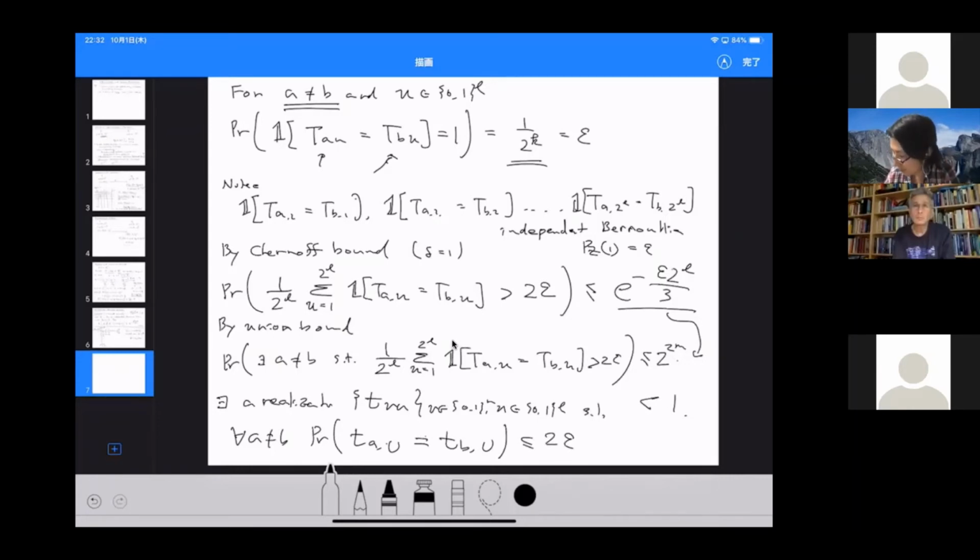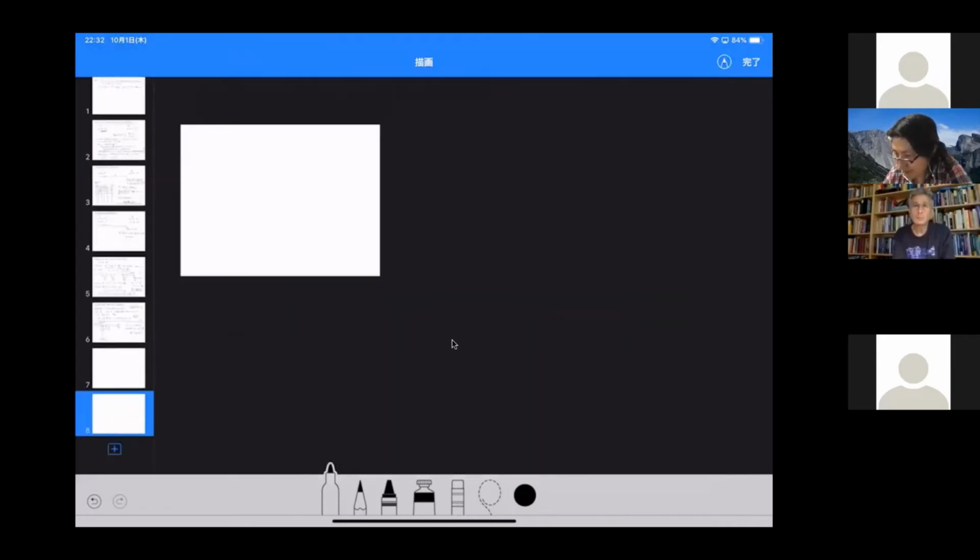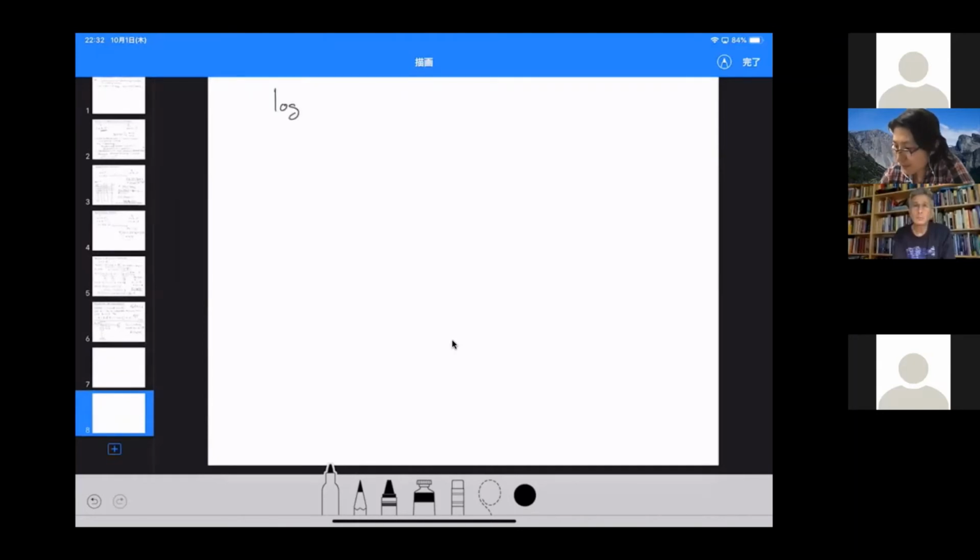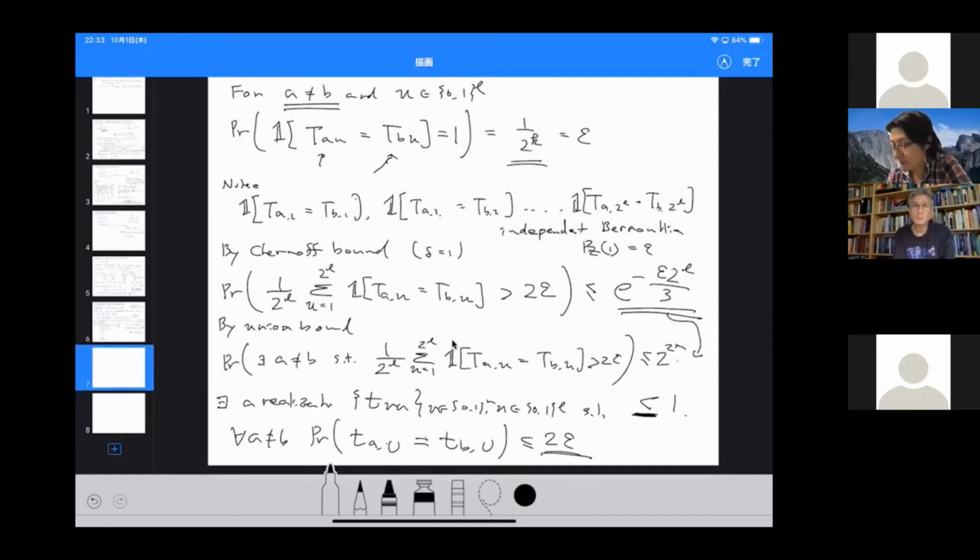Okay, and by solving this equation, the domain size M must satisfy this formula. So these guys are just constant, and for fixed epsilon, this is also constant. So the bit length of the domain must be less than the length of common randomness. As long as this equation is satisfied, we can find a protocol with error probability 2 epsilon.